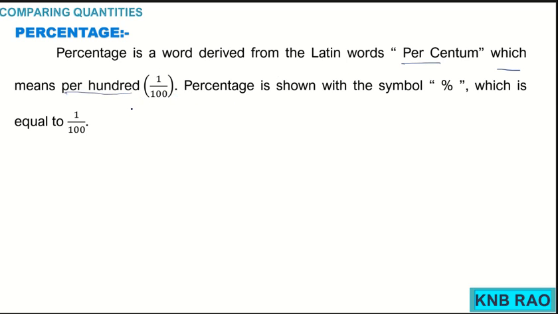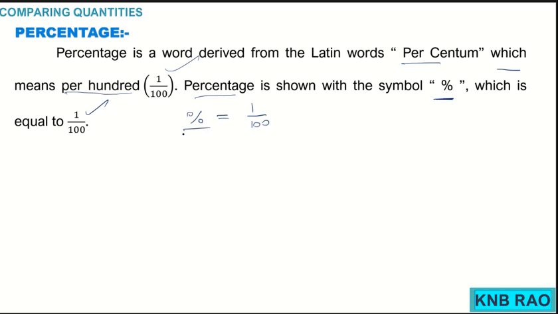What is the meaning of per 100? 1 upon 100. This percentage is shown with a symbol, and this symbol is called the percentage symbol, which is equal to 1 upon 100. Remember, this percentage symbol is equal to 1 upon 100.